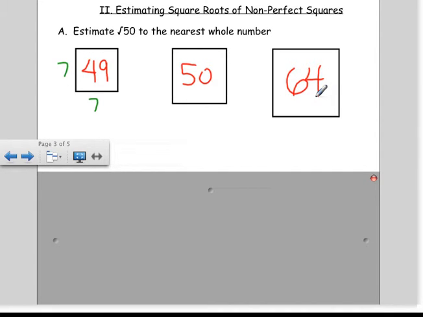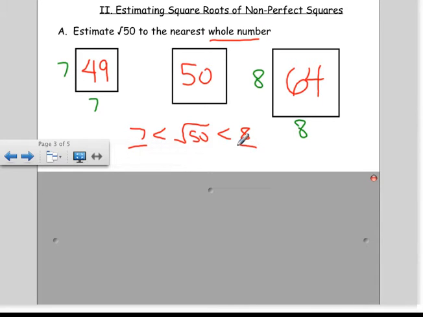The sides of 64, the square root of 64, would be 8. So that's telling me that the square root of 50 must be smaller than 8, but bigger than 7. It's somewhere in between that. If it's only asking me to estimate to the nearest whole number, I just need to figure out, is it going to be closer to 7 or closer to 8?